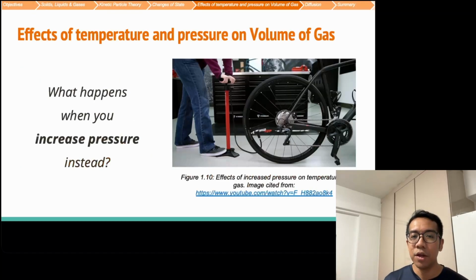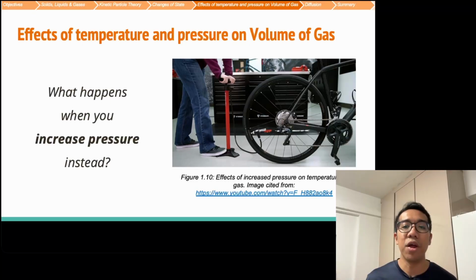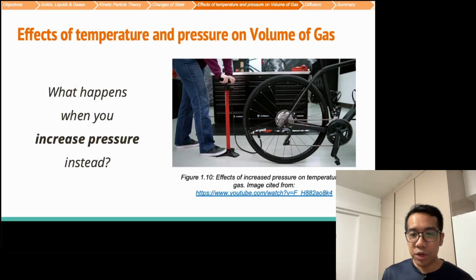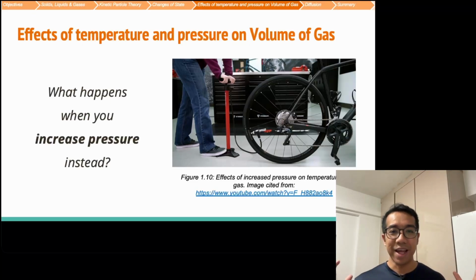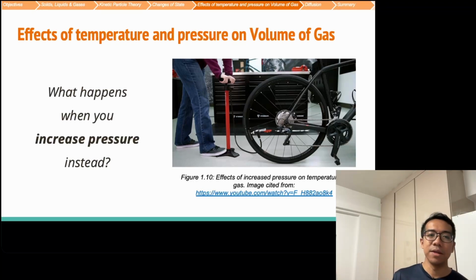Excellent. Okay, so what happens when you increase pressure instead? What happens when you mess around with the pressure instead? So when you increase pressure on gas particles, one example would be increasing the amount of gas in the bicycle tire.